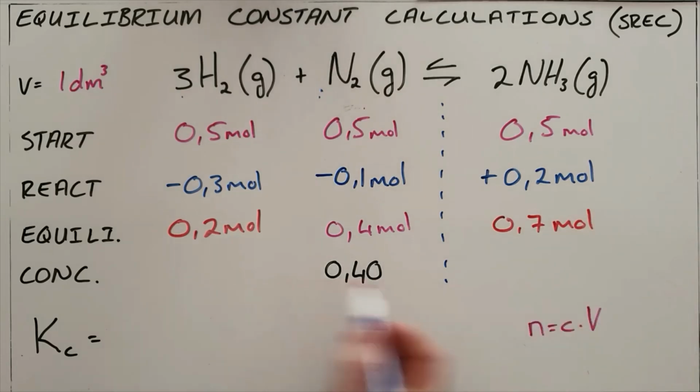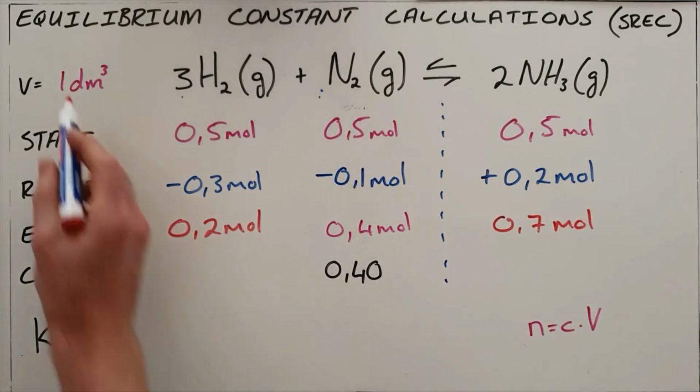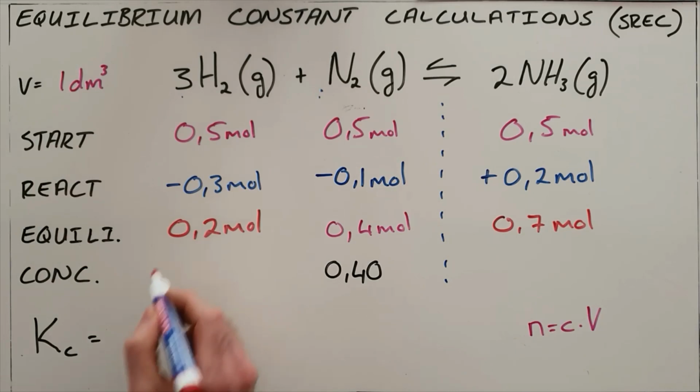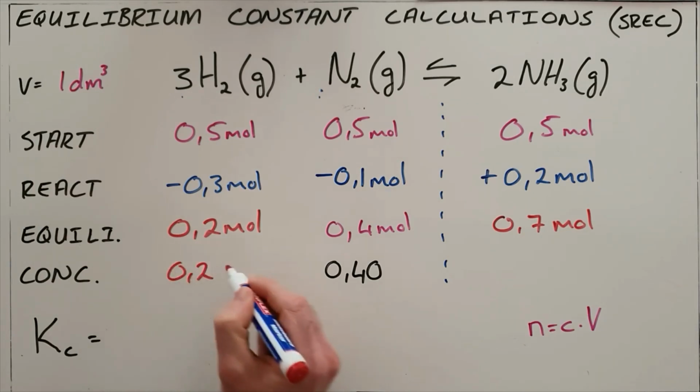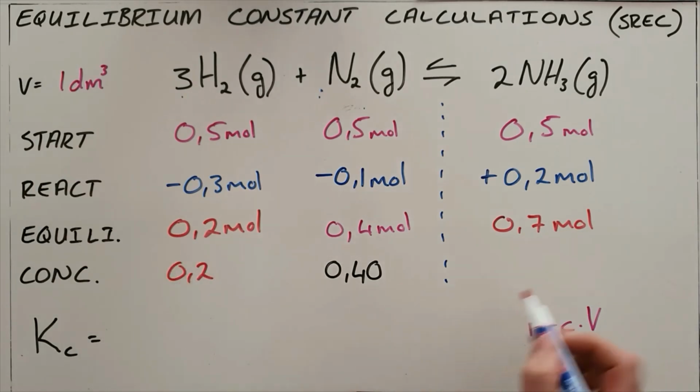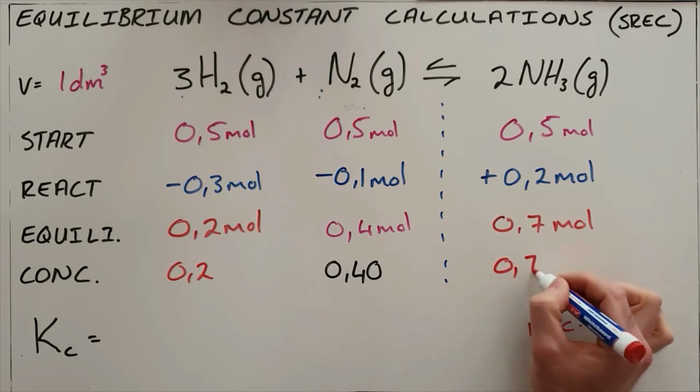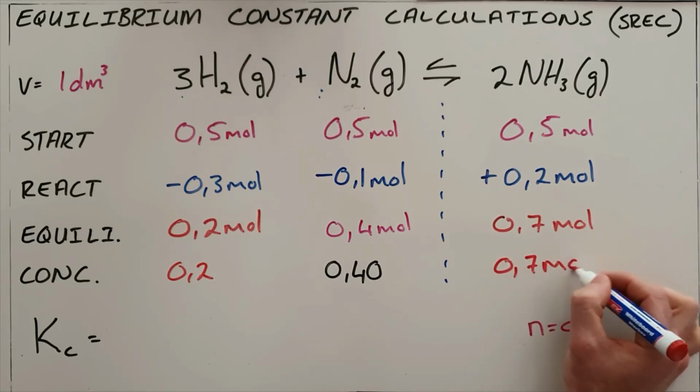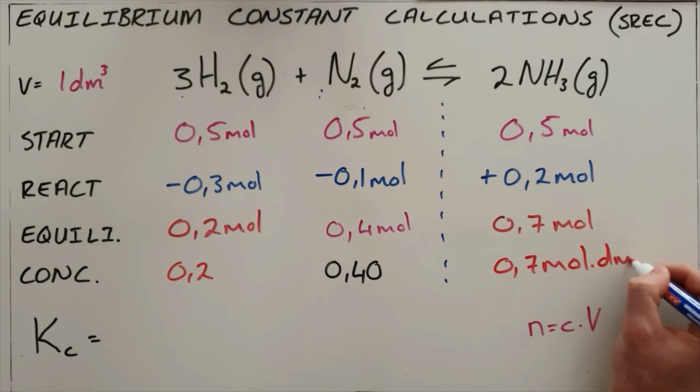Again, these can easily be converted into concentrations because our volume is 1, which means that this is a 0.2 mole per cubic decimeter concentration, and this is a 0.7 mole per cubic decimeter concentration.